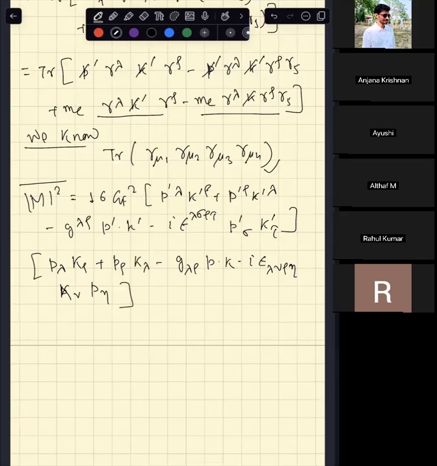So now when you multiply, you'll see that there is no free index, and that's what we expect because this mod m square doesn't have any free index, so it should be a Lorentz scalar.